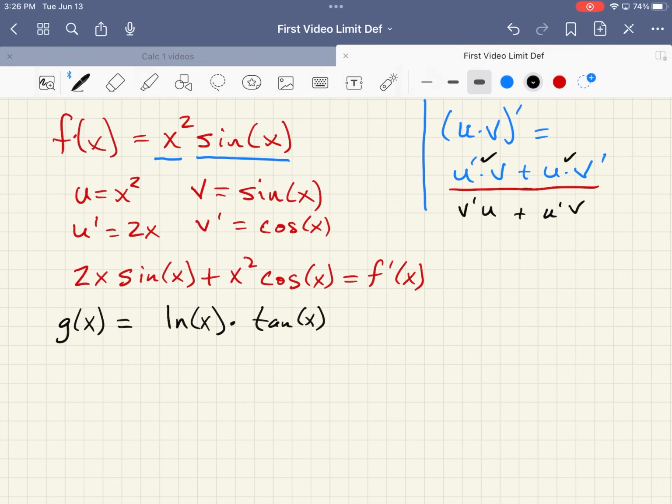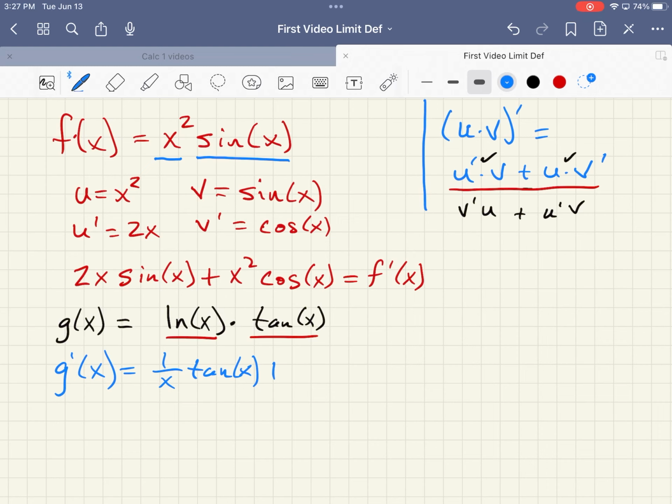Okay, so we are looking for g prime of x, and if we look at this, I do have the product of two functions. So I'm going to take the derivative of the first, which will be 1 over x times the second. Notice it's just times the second. I don't do anything to the second function.